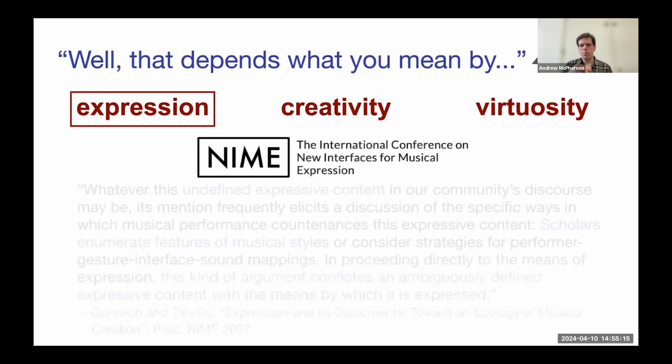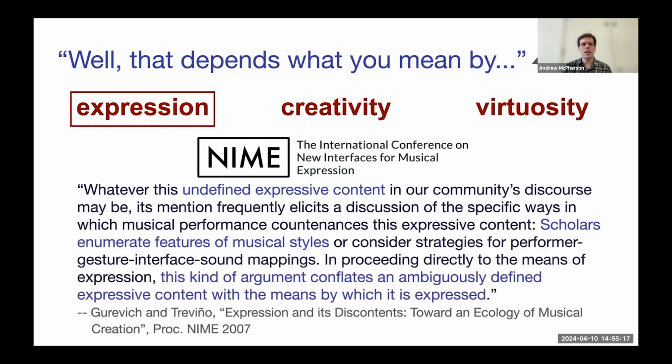Here I'm gonna pick a particular bone with expression, and I'm gonna quote at length from Michael Gurevich, who has, I think, a really useful way of deflating this notion of expression as this sort of thing. We build instruments in order for those instruments to be expressive and to serve as vehicles for our expressive content.